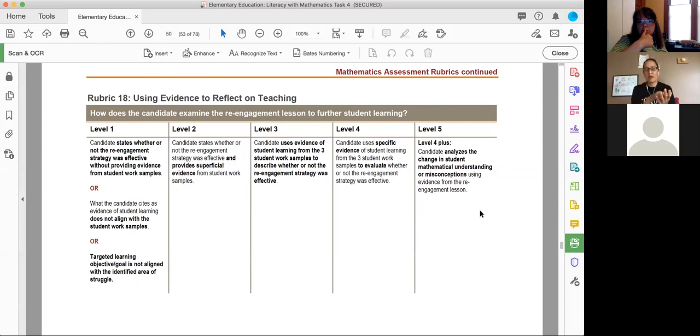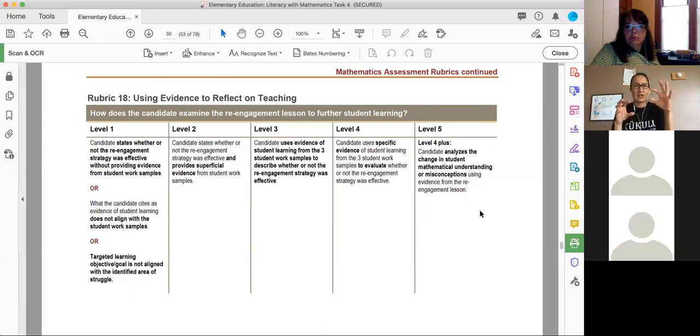And then you talk about the re-engagement lesson, which you should already have described, and you make those connections there. How your re-engagement lesson specifically led to your students' understanding of this thing, or misconception. If you notice that they were still misunderstanding something, and you see that in your lesson, that that's what led to it, then make those connections.